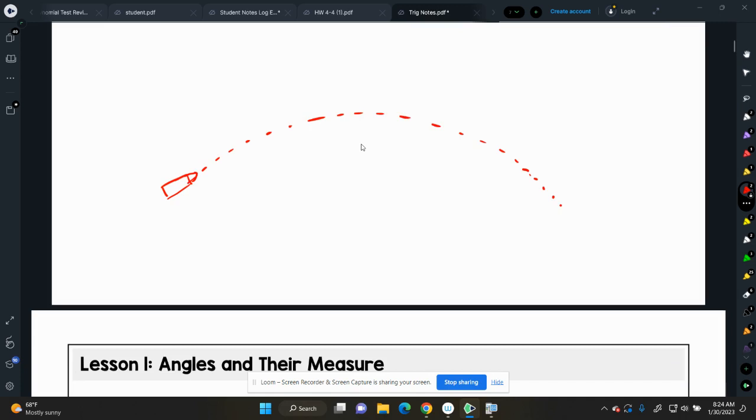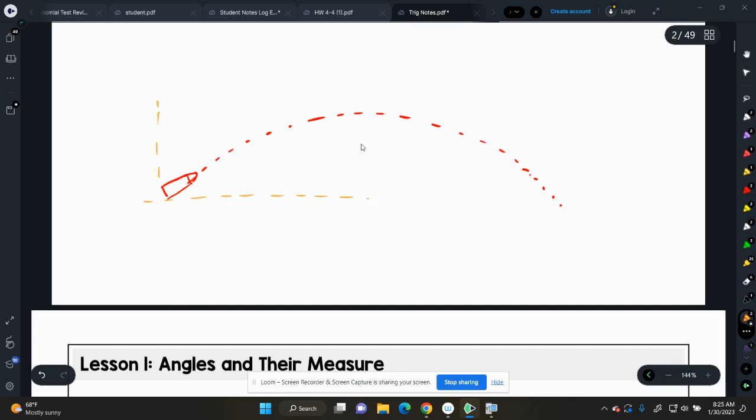We use trigonometry when we're looking at that, because the trajectory of a bullet has a horizontal component and it has a vertical component. If we're looking at maybe a cannon firing something, or maybe Jalen Hurts throwing a 50-yard pass, that's a projectile. It has trigonometric components.